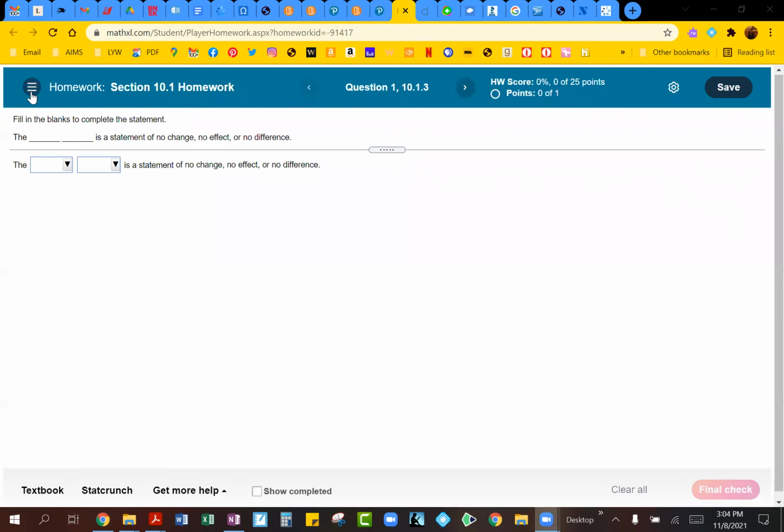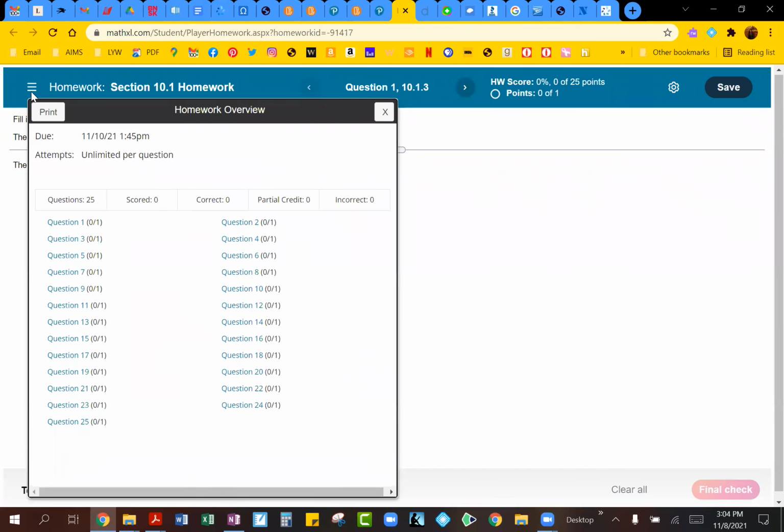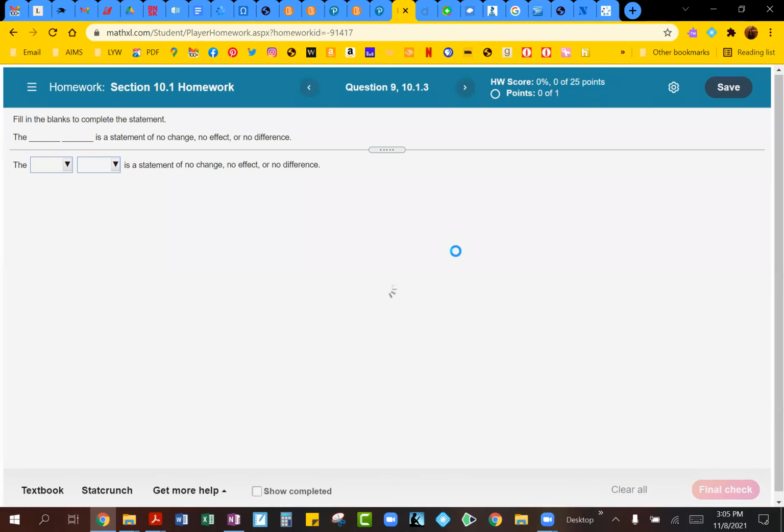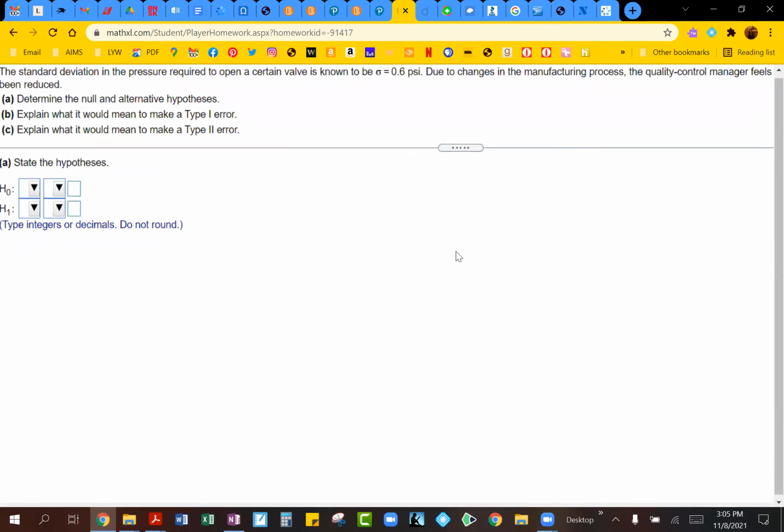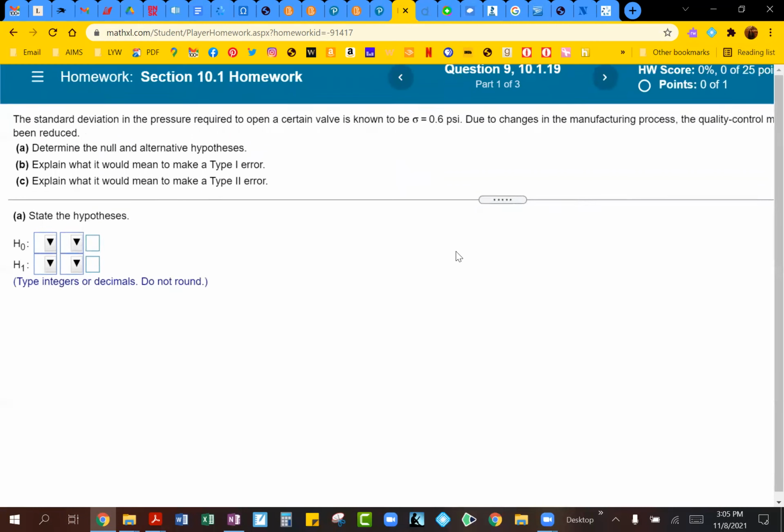The first example I had for us to look at is number 9. I'll try to make this a little bit bigger so you can read it better. You've got a couple different examples on this one, so hopefully this one will give you an idea of how to do the rest of them.